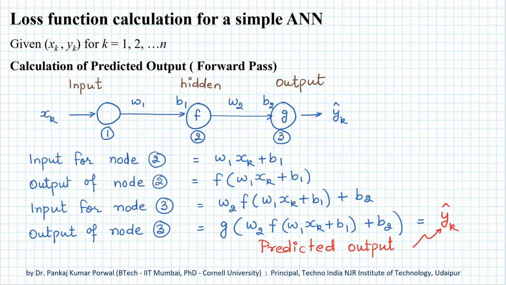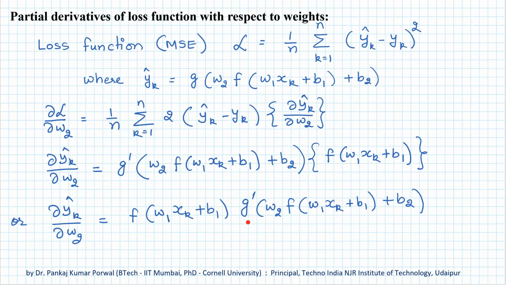So what will be better is if we start finding the partial derivative of the loss function for weights in the last layer, then we will only need g dash, and this f we have already calculated in our forward pass. So when I find the partial derivative of the loss function with respect to weights in the last layer, I only need to find derivatives of activation functions in the last layer.